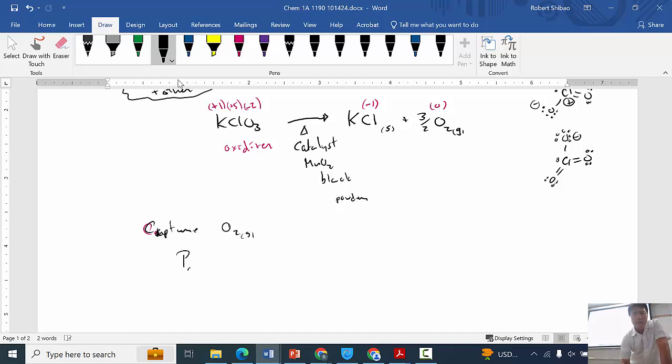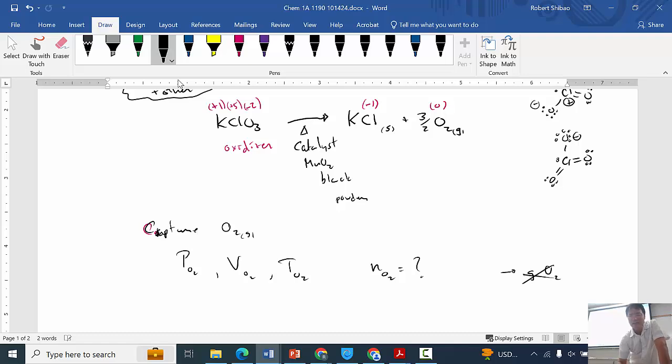So what we need is the pressure of the oxygen gas, the volume of the oxygen gas, and the temperature of the oxygen gas, and then we can calculate the moles of oxygen gas. From the moles of oxygen gas, then we can get the grams of oxygen gas. Or actually, we don't want the grams.